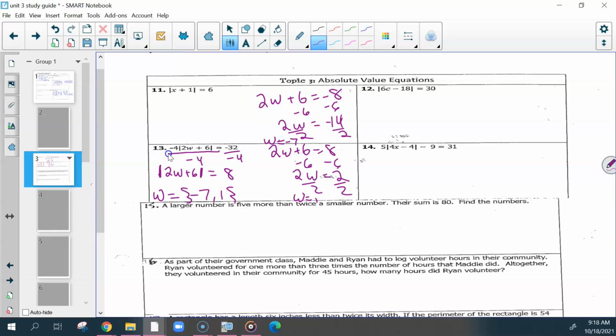Alright, for 14, same thing, we need to isolate the variables to get everything away from it first. So we would add 9. And then divide both sides by 5.